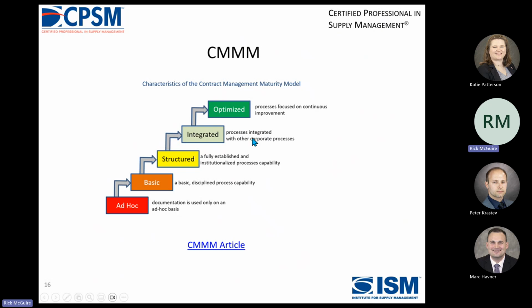And then this is another variation called the contract management maturity model. This is a government thing mostly. So there's an article here you can read from the US Navy. Government's very formal about opening and closing contracts. We just tend to leave ours open.